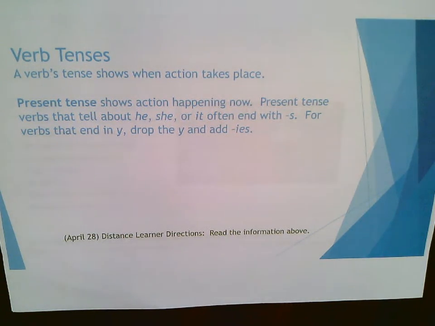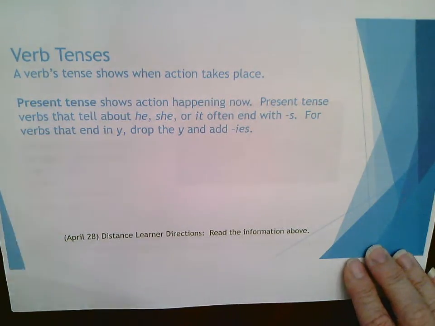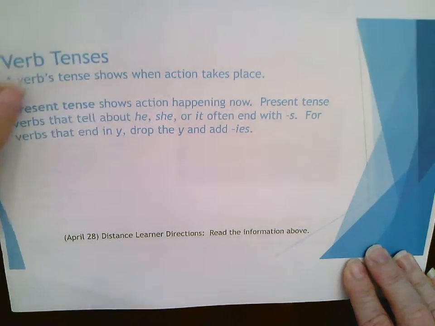But verbs sometimes end in a Y. And if that is the case, you have to drop the Y and add I-E-S to make it present tense. Now that may have sounded confusing to you, so let's take a look at some examples of how we do this. Making verbs in the present tense.